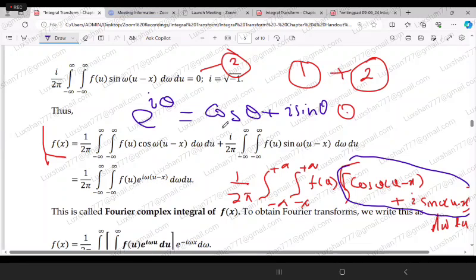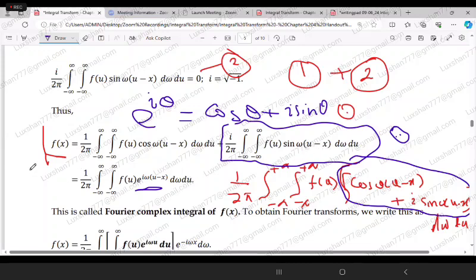Okay, so this is actually 0, but we are adding it in order to express our integral in the form of a complex integral. Just by adding this, you can use the idea e to the power i theta equals cos theta plus i sin theta, and instead of cos omega (u minus x) plus i sin omega (u minus x), you can write e to the power i theta, where instead of theta you have omega (u minus x).